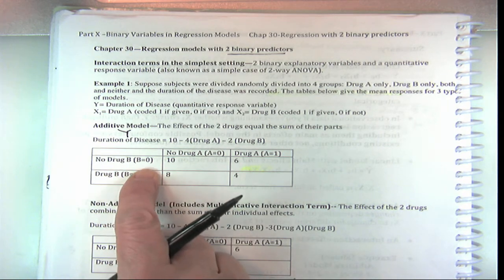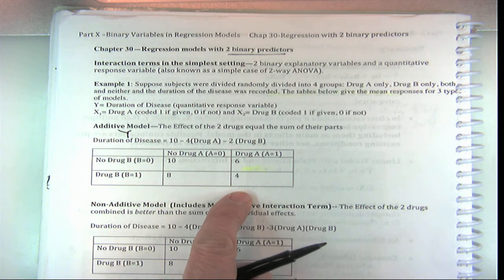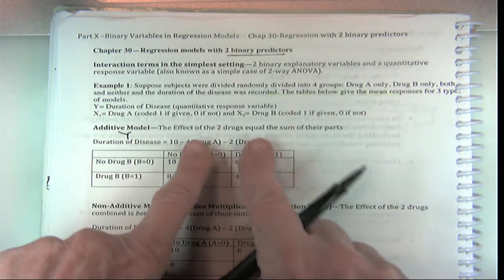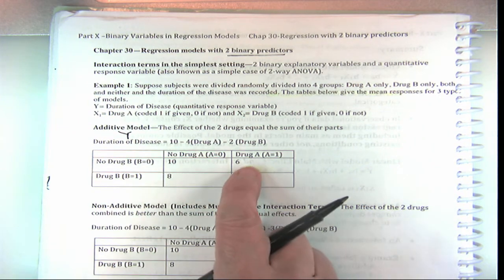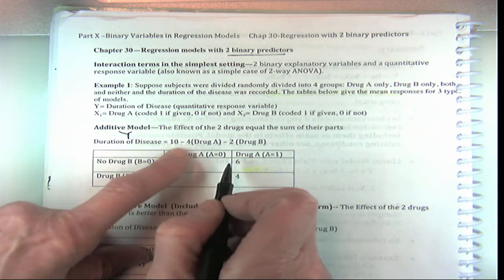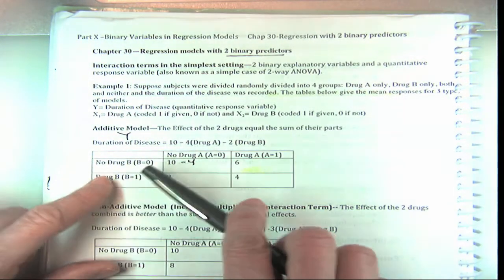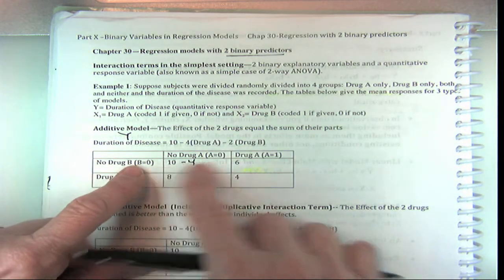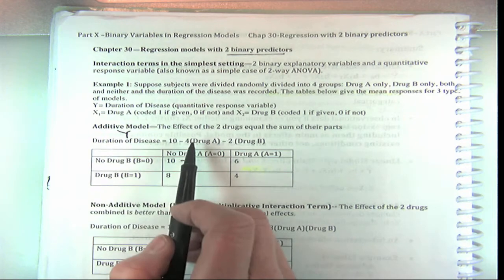And here's an example of no interaction effect whatsoever. Without any drugs, your disease lasts 10 days, and if you take drug A, it goes down by 4, minus 4. When drug B is 0, just the effect of drug A is minus 4.